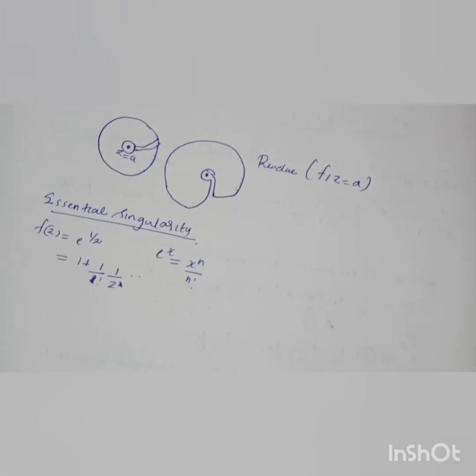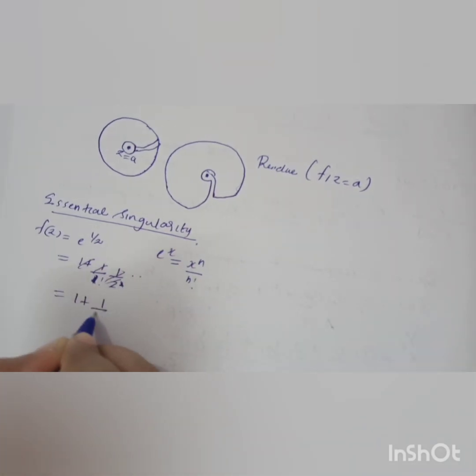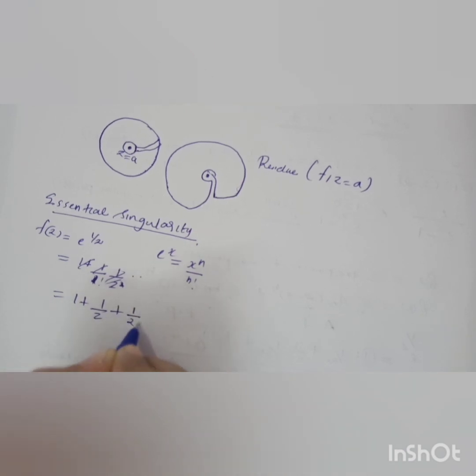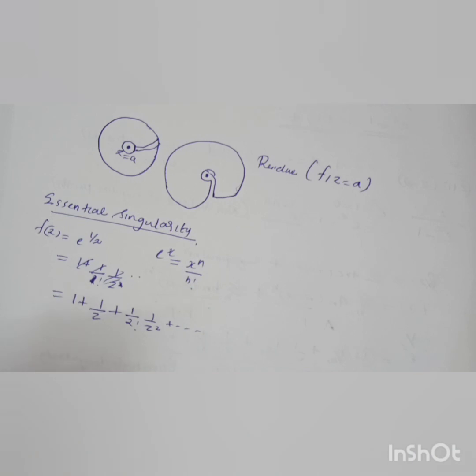So this is 1 plus 1 by z plus 1 by 2 factorial 1 by z square plus, etcetera. All these terms are in the denominator, so it is a principal part, and that is an essential singularity. The principal part contains an infinite number of terms.